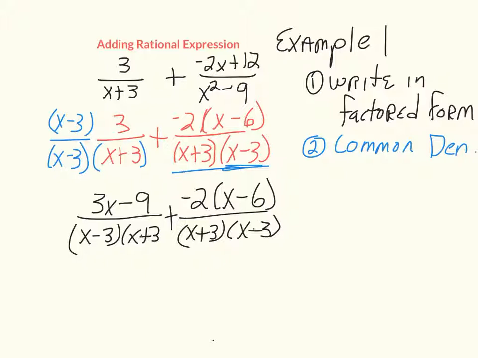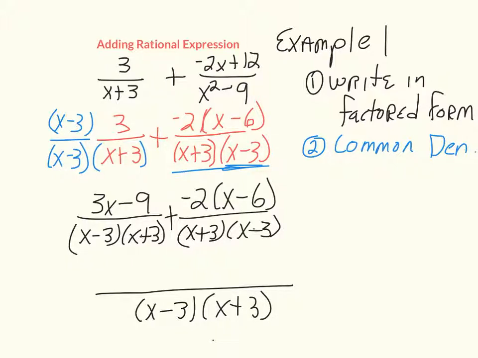Since both rational expressions have the factors of x minus 3 and x plus 3, I can now add my numerators together. It's 3x minus 9 plus, I'm going to distribute at the same time, minus 2x plus 12.